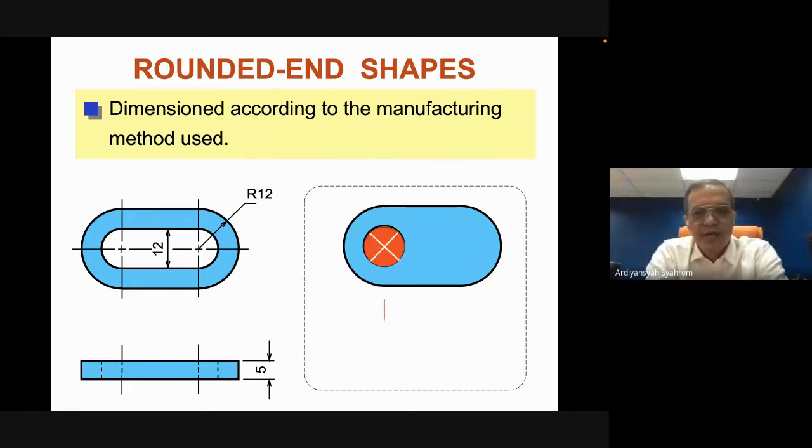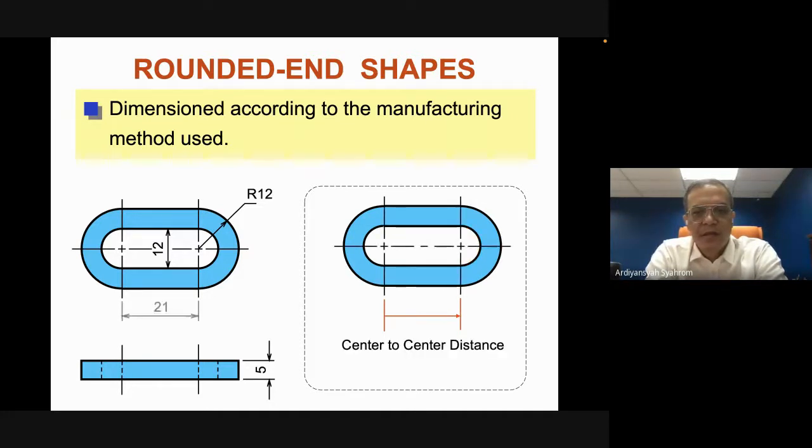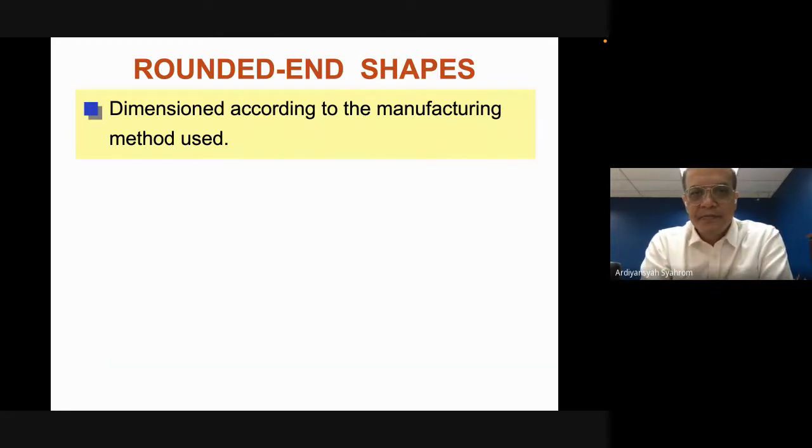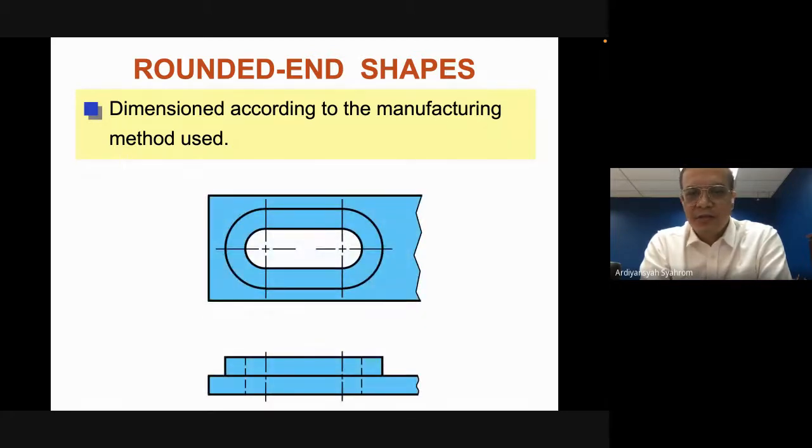They try to make a hole and move. How much is the length of that one? Then the distance is 21. That is the manufacturing method. Then you need to give the dimension based on the method of manufacture. There are so many methods too.